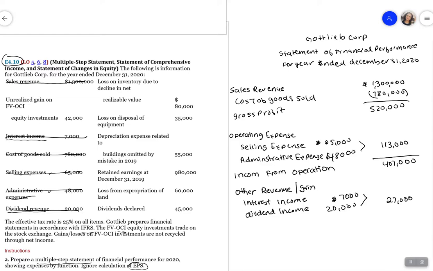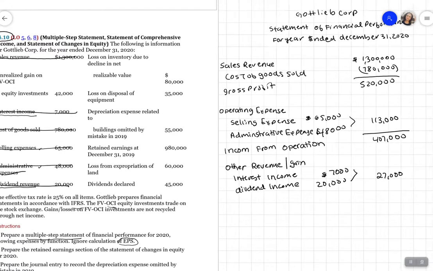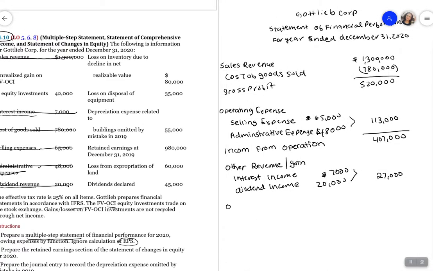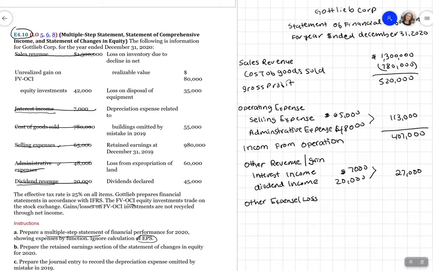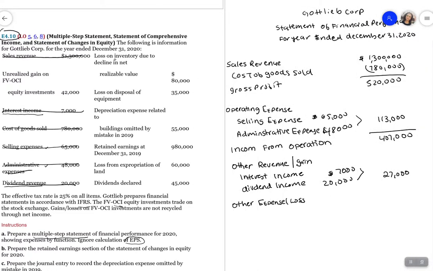Now going further, the next one is my other expenses and losses. Let's deal with that. The first one we have is loss on inventory due to decline in net realizable value.